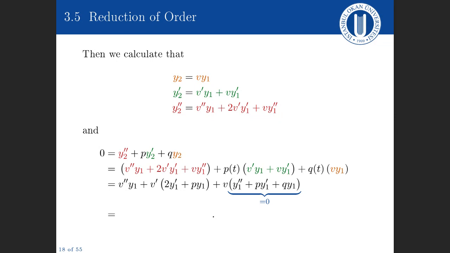The last bracket is v multiplied by y1 double prime plus p y1 prime plus q y1. But remember, we already know that y1 is a solution to this differential equation. So y1 double prime plus p y1 prime plus q y1 is equal to 0.